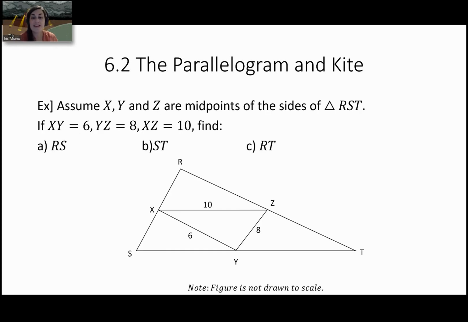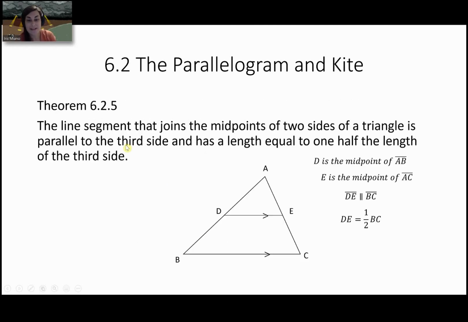Okay, now let's use this theorem in order to tackle this exercise. It's a little bit of a three-parter. Please note that this figure is not drawn to scale at all. So we're just going to take the measurements at face value and use what was just presented in this theorem in order to determine the length of the edges in parts A, B, and C that they want us to calculate.